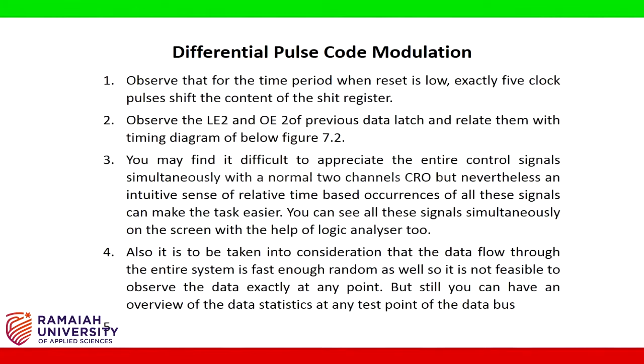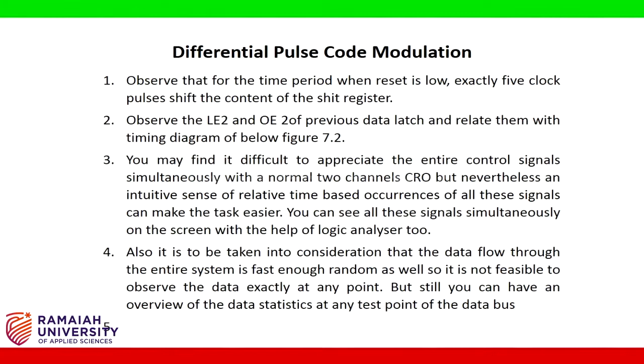You may find it difficult to appreciate the entire control signal simultaneously with a normal 2-channel CRO, but nevertheless, an intuitive sense of the relative time-based occurrences of all these signals can make the task easier. You can see all these signals simultaneously on the screen with the help of a logic analyzer too.